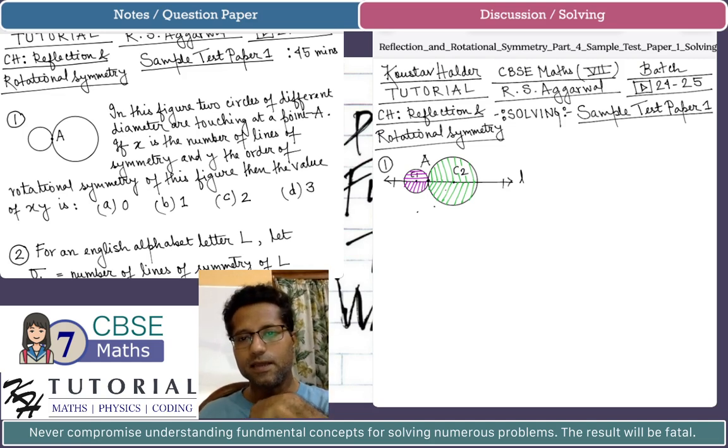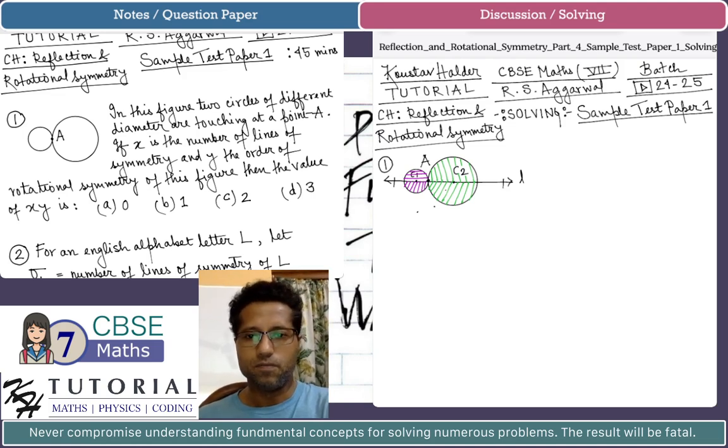Now, is there any other line that can be a line of symmetry for this entire figure? No, because if you consider any vertical line, it will not divide the entire figure into identical halves.